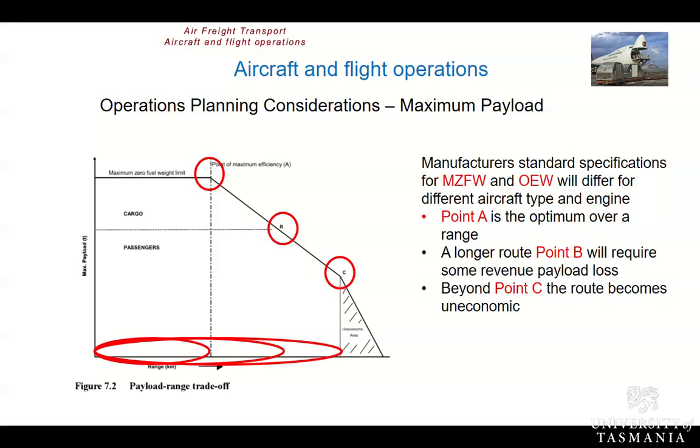It's uneconomic to have a route that long because, as you see, it really limits your opportunity with both passengers and cargo. So that's bringing you into that uneconomic zone.